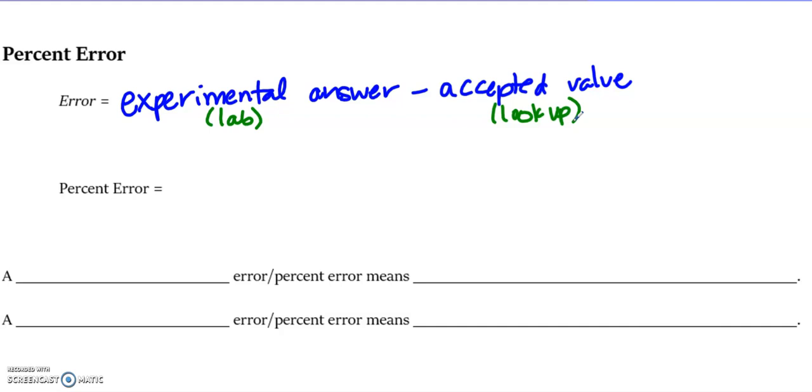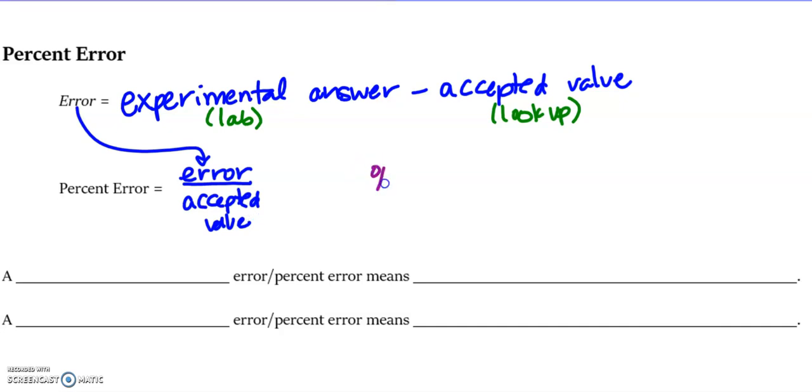That's the error. So percent error then is the error, what you calculate up here, divided by the accepted value. So maybe we could put it all together in one thing.